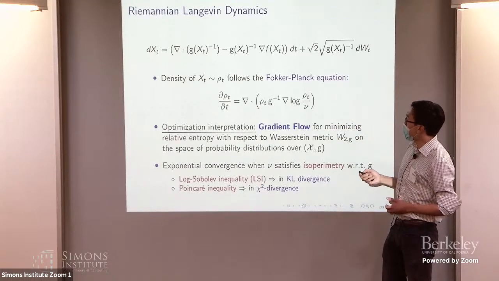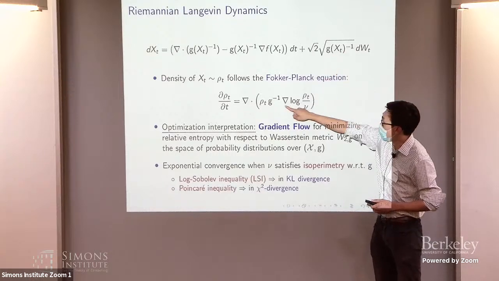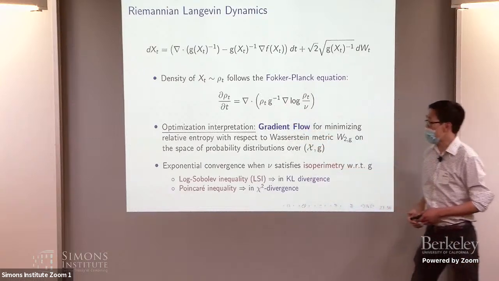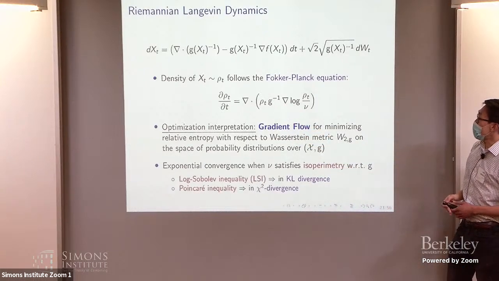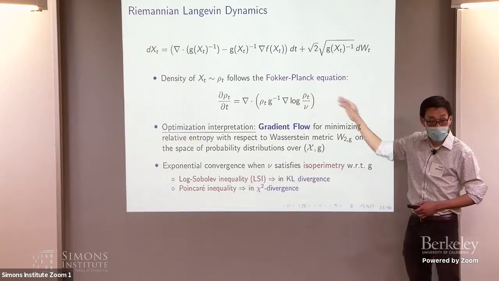And the form looks like the following, where the inverse metric, your covariance here, just appears multiplying the gradient of the log density. And then from this, you can see that when rho is equal to nu, the right-hand side becomes 0. So nu is a stationary solution.